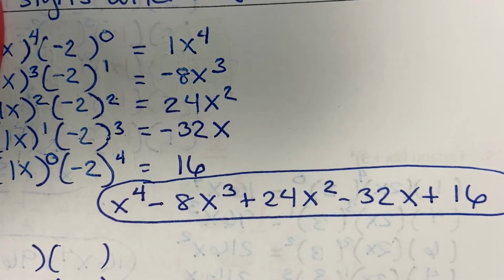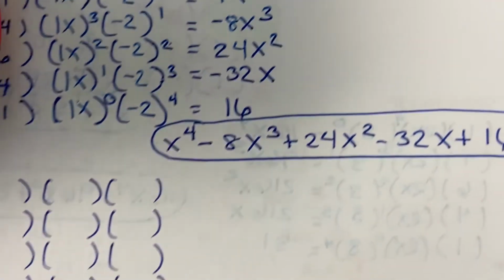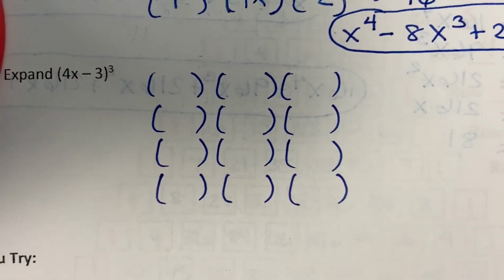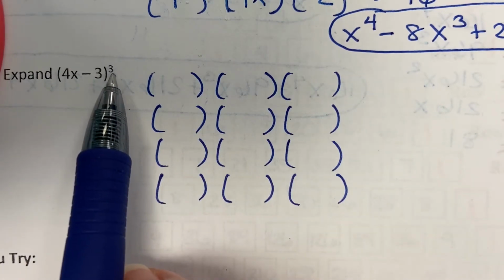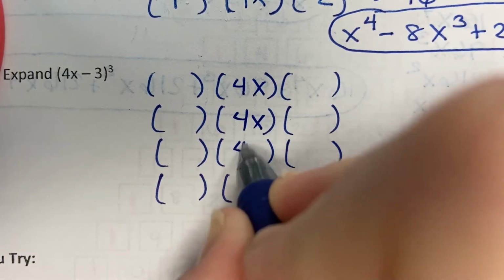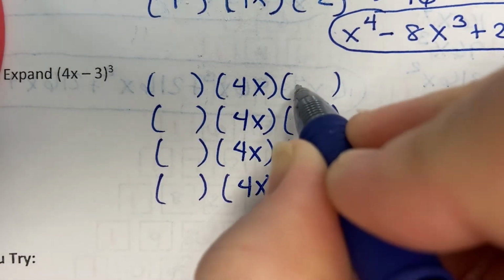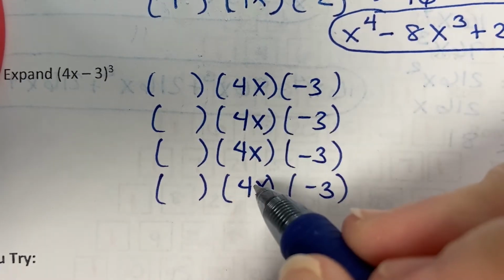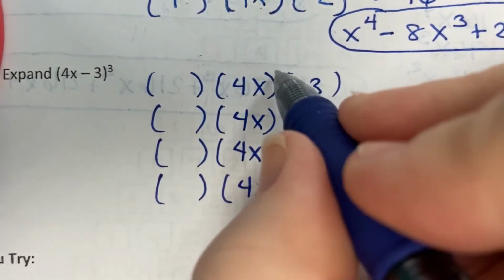All right, so the second example on the page has 4x minus 3 to the 3rd power. You'll notice that I have 4 triplets because it's always one more than the exponent. In the middle, I'm going to put the 4x. At the end, I'm going to put the negative 3. Remember, the x's count down, so I start with a 3.